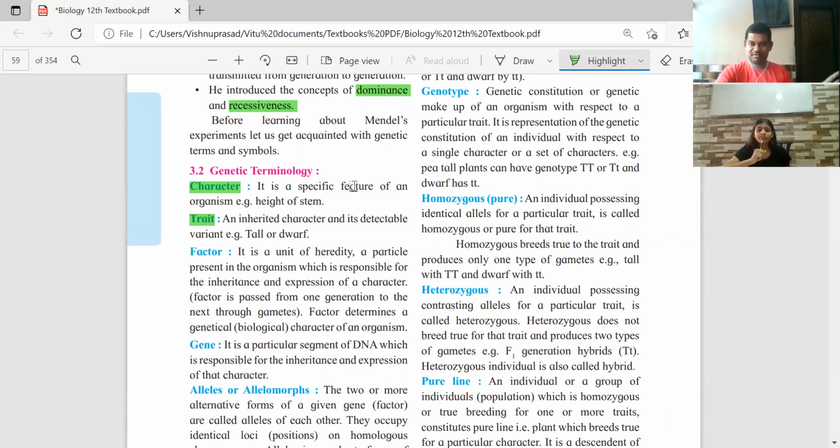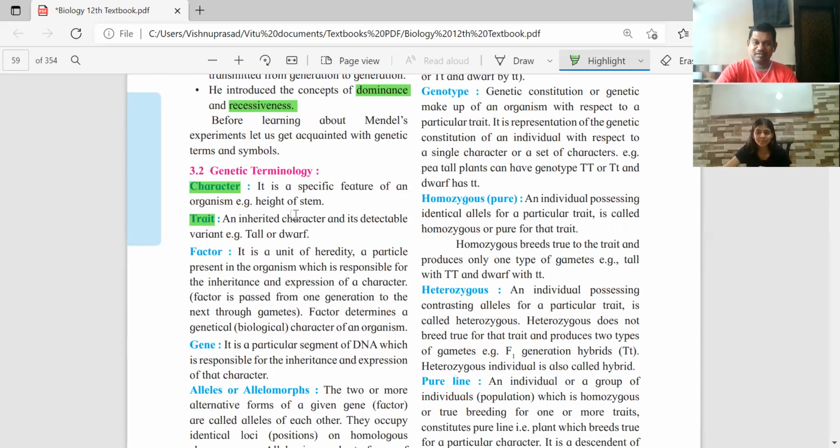It can be any feature: morphological, anatomical, physiological, biochemical, anything. Every organism is a combination of these features. The color of your hair, color of the skin, height of the individual, shape of the nose, color of the eyes.